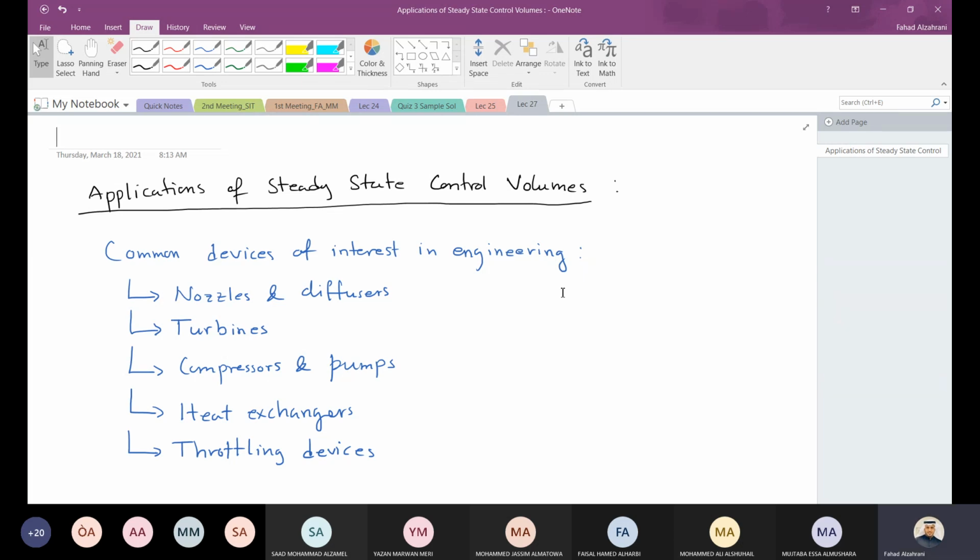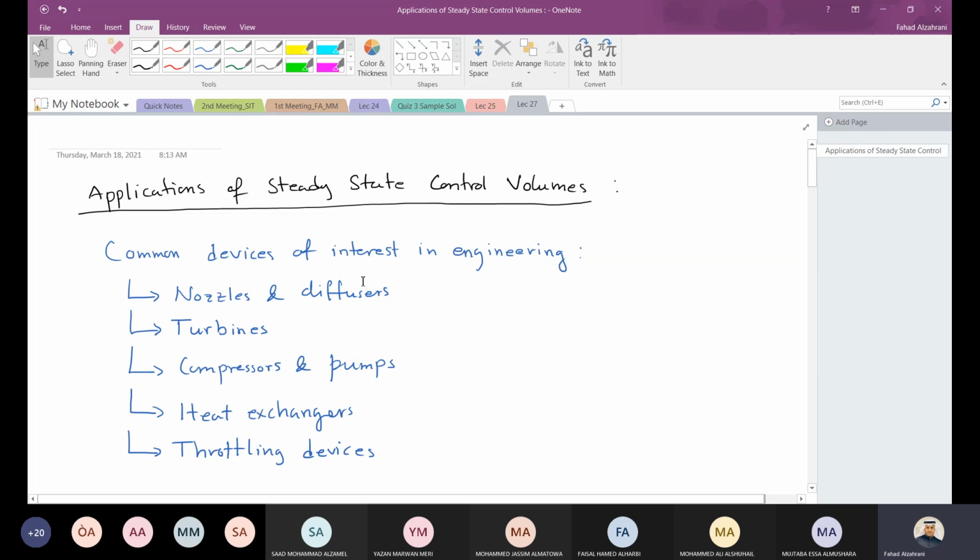When you look at each device, we will see what the objective of the device is, and based on the objective, we will apply certain approximations or assumptions to neglect some of the terms that are not important.